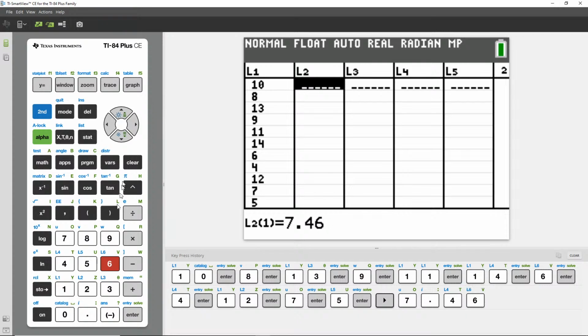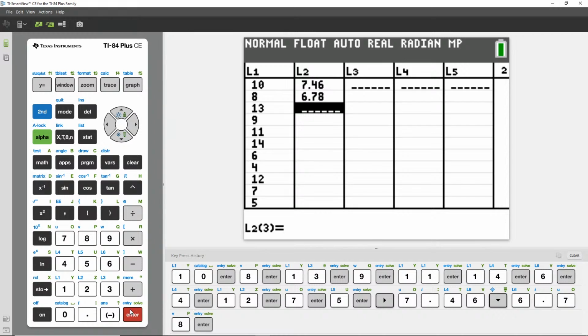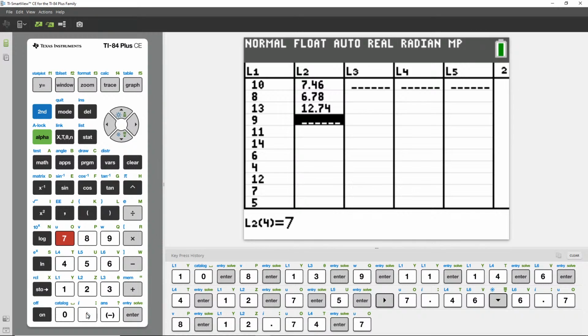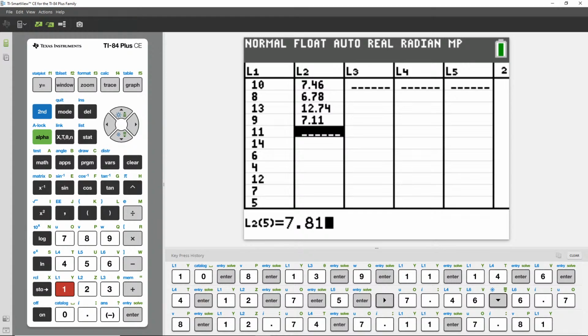All right, let's do this. All right, we got 7.81.